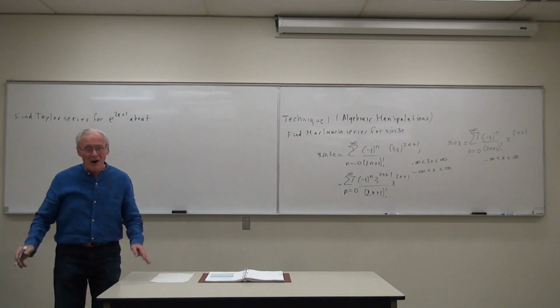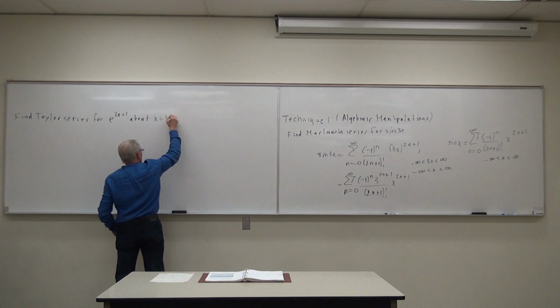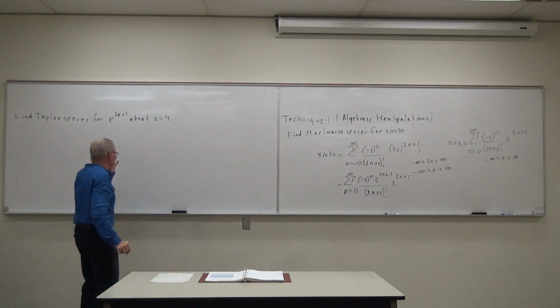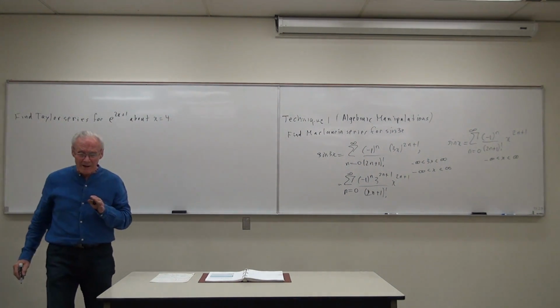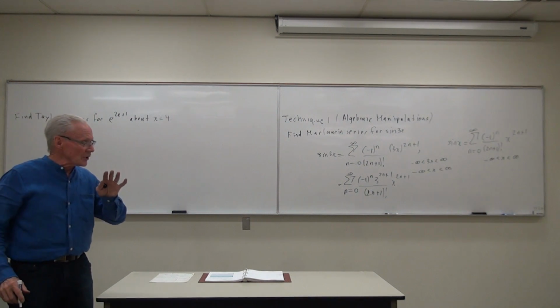Pick anybody you want. Say about x equal 4. Suppose you want the Taylor series of that guy about x equal 4. What you think is what we said earlier.